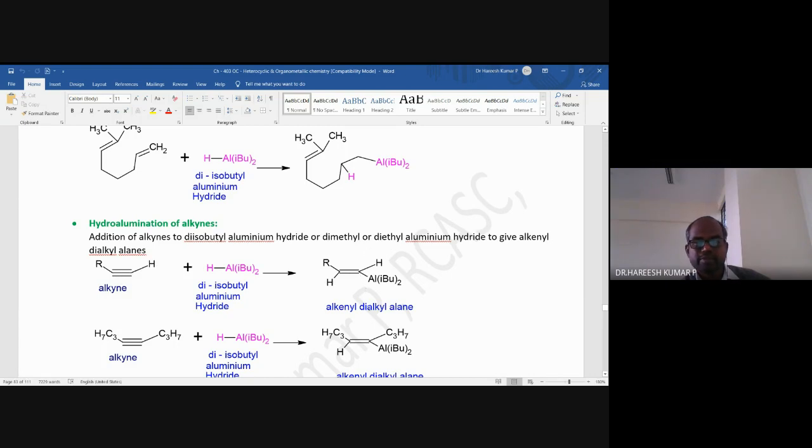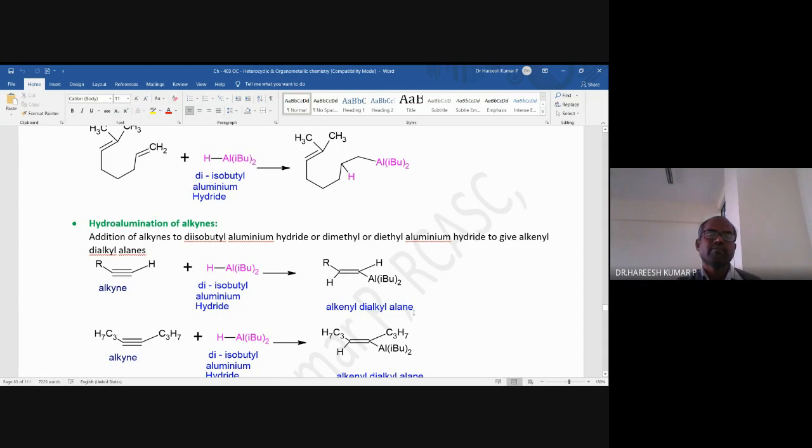What is the name of this compound? This group is called alkenyl, and this one is dialkyl alane, A-L-A-N-E. So alkenyl dialkyl alane. That means addition of diisobutyl aluminum hydride to an alkyne gives alkenyl dialkyl alane.